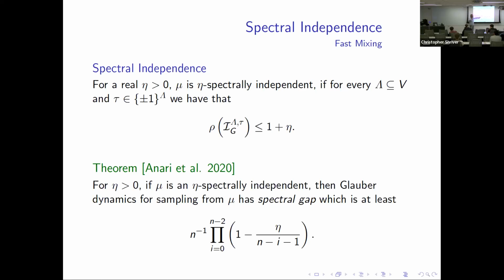Eta typically is not huge, so we have polynomial mixing time when eta is a bounded number. This is a very important result, the paper that introduced spectral independence. It makes sense when eta is small. In this talk, eta is preferably Theta(1), independent of the size of the graph.